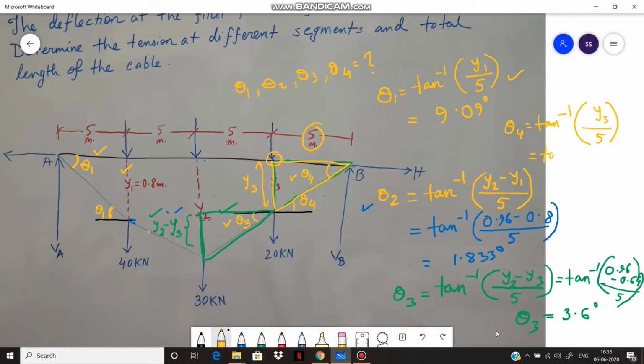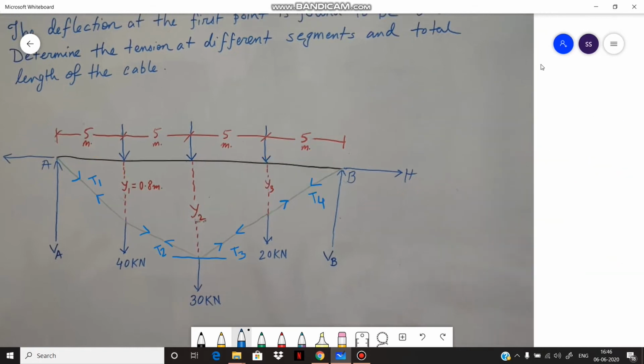So tan inverse, value of y3 is 0.64 meter by 5. Calculating this, we get the value of theta 4 is 7.294 degree.